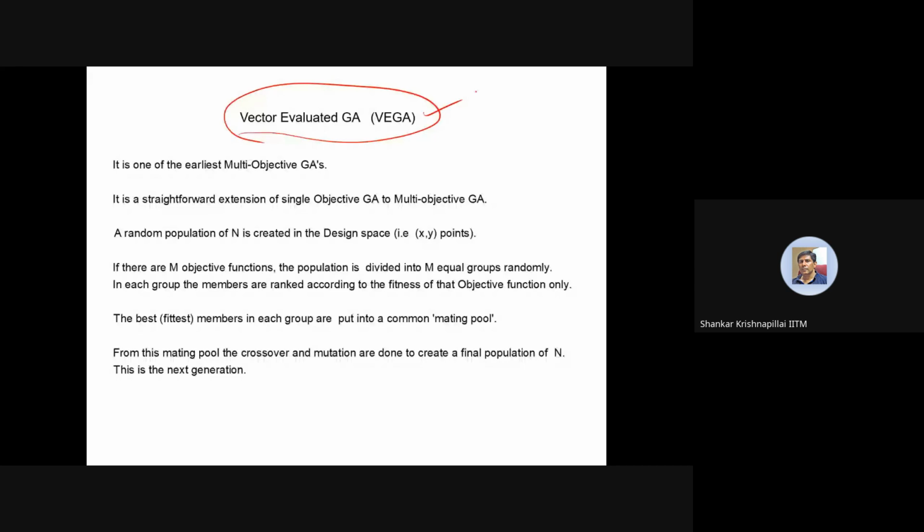It is a straightforward extension of single objective genetic algorithm logic to multi-objective genetic algorithm. First a random population of N is created in the design space, or N XY points are created. If there are M objective functions, the population is divided into M equal groups randomly.